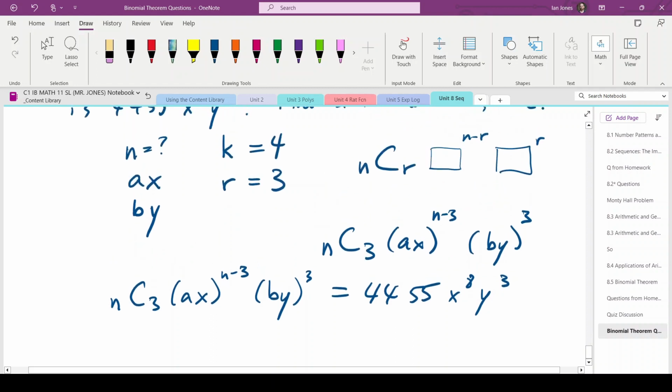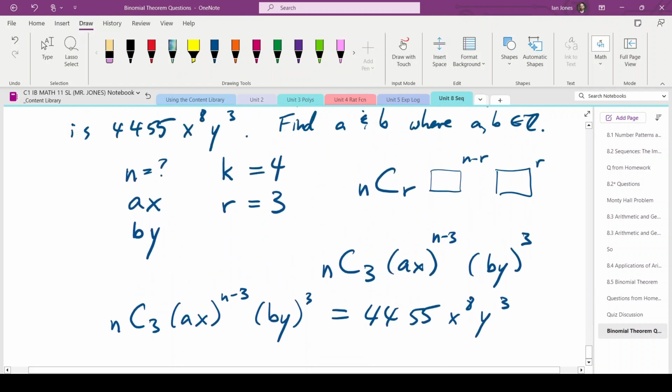In fact, I could have got it a little bit higher up just from looking at this here, but I can see it here as well. Because n, remember, is this exponent plus this exponent. Because we have n minus r plus r is n, right? So I know that my n is in fact going to be 11.